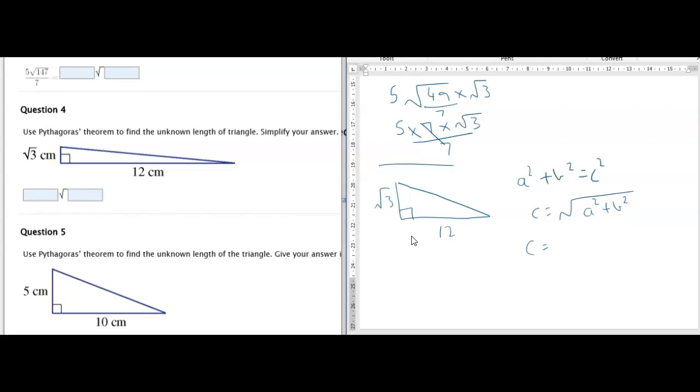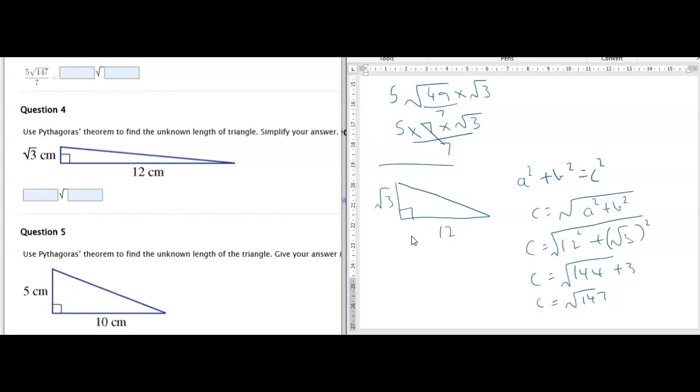So c is equal to the square root of 12 squared plus, in brackets, root 3 squared. 12 squared is 144, and root 3 squared, the squared and the square root sign cancel each other out. So we're left with the square root of 147.